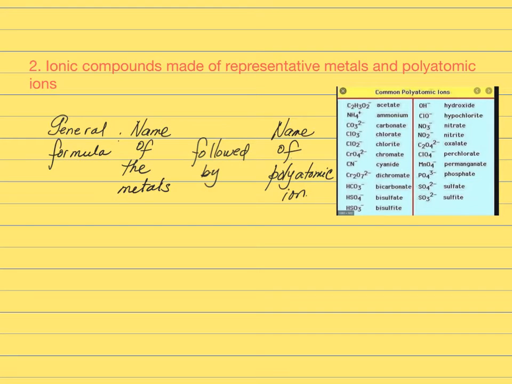Second type of ionic compound are the ionic compounds that are made of representative metals. And when we're talking about representative metals, you know that these are the metals located in group 1, 2, or 13. They are classified as representative metals because they follow the general trends.